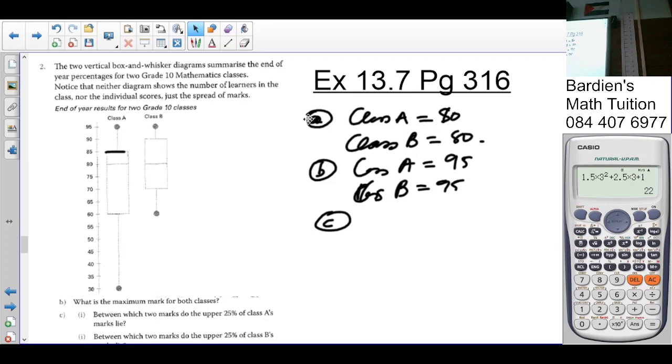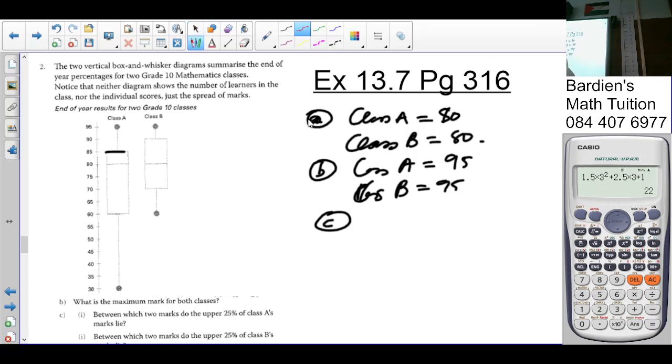You're referring to one set, between which two marks does the upper 25% of class A's marks lie. So a particular class A. Okay, so what's the answer they're looking for? 75% and 95%. Oh, I see, okay.